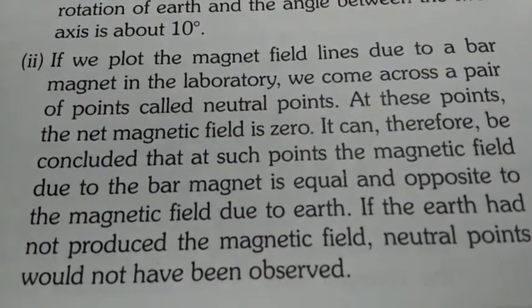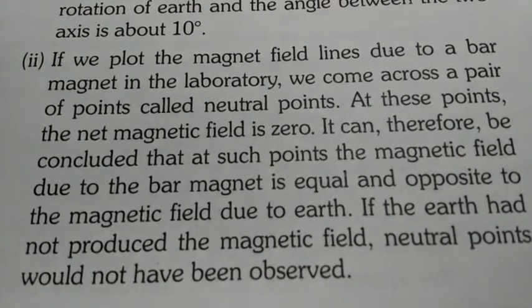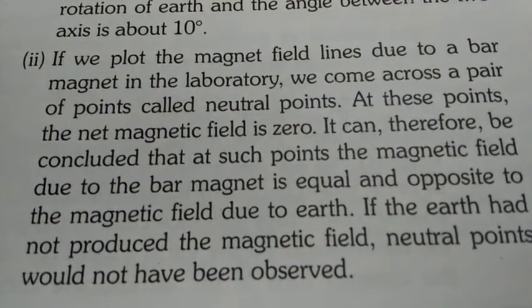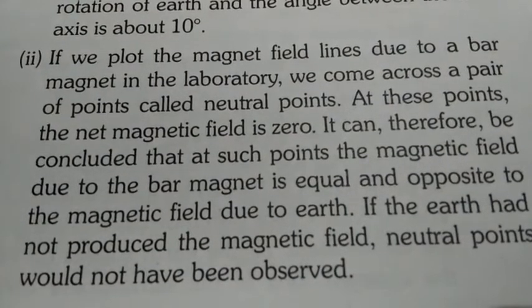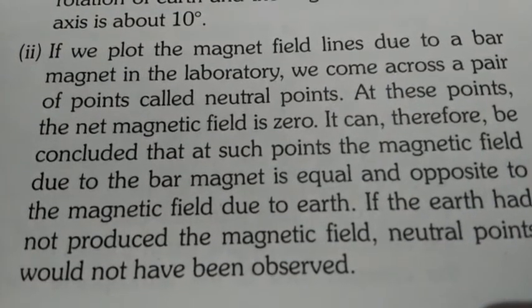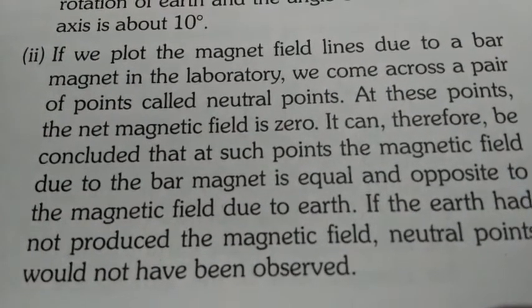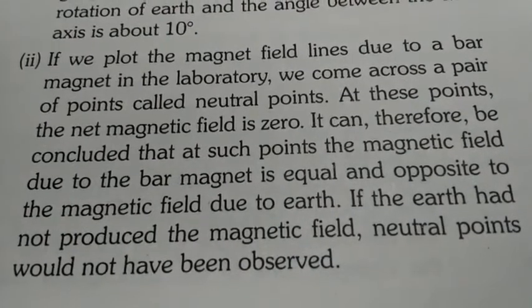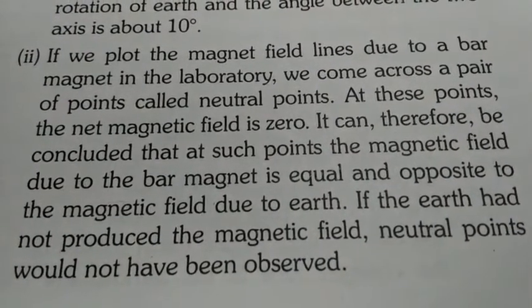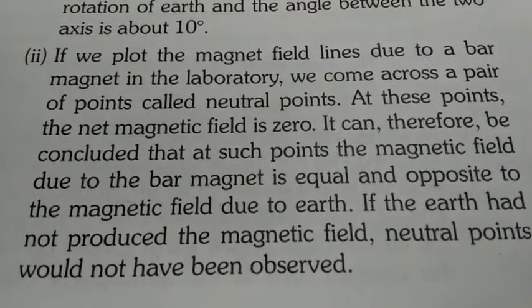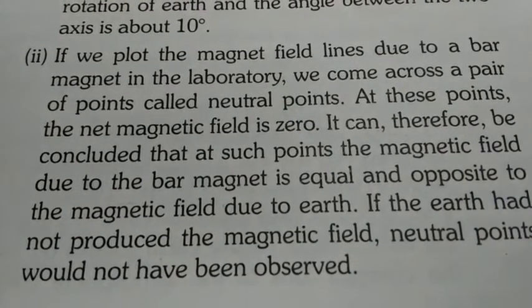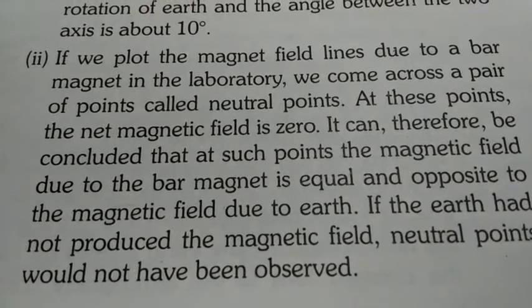Then the second point is that if we try to draw the field lines due to a bar magnet in the laboratory, we come across a pair of points called neutral points. At these neutral points, the magnetic field is zero. What can be the reason for this magnetic field to be zero? There must be some other field which is cancelling the field lines of this bar magnet.